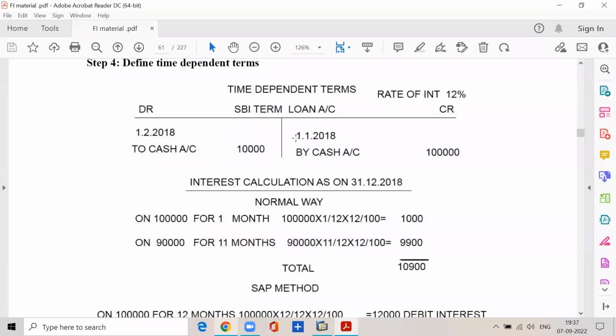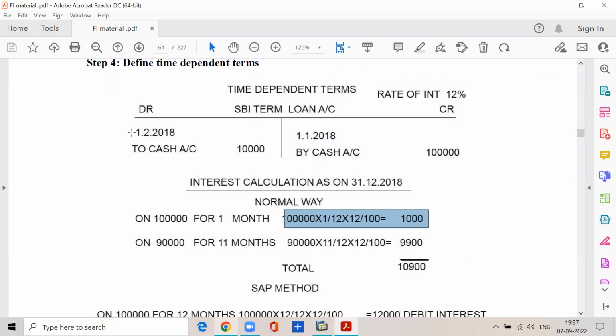That means from 1st January 2018 to 31st January 2018, we have used 1 lakh from the bank. So on 1 lakh for 1 month, 1 lakh into 1/12 into 12 by 100, which comes to 1,000 rupees.